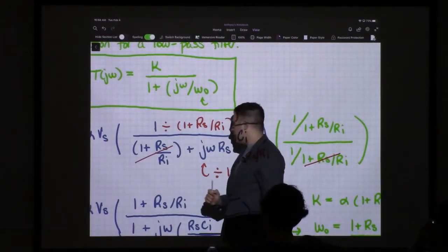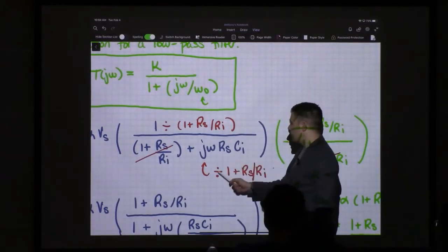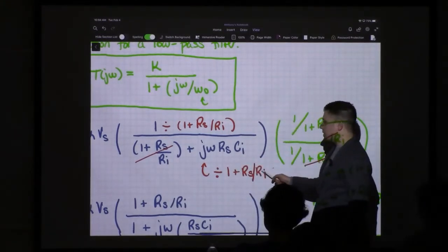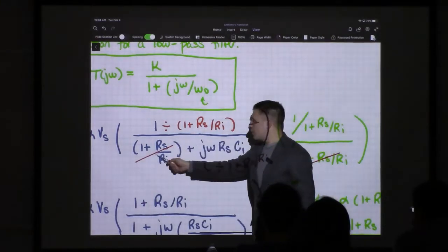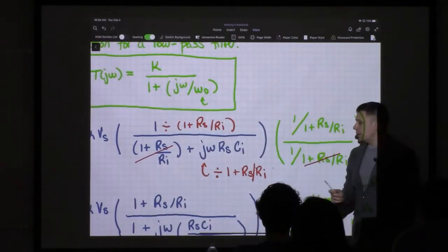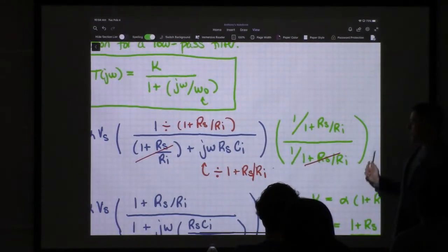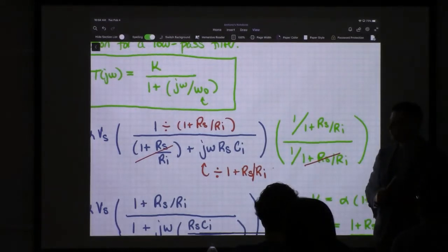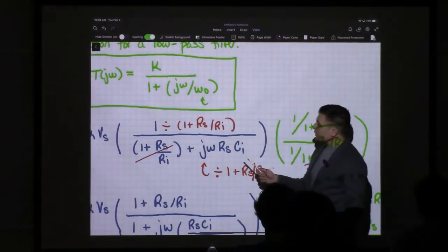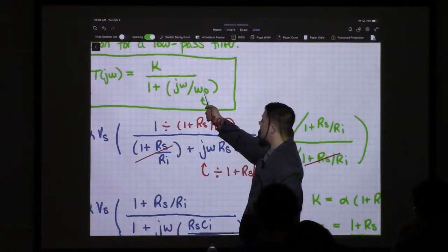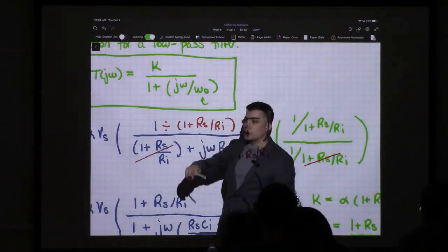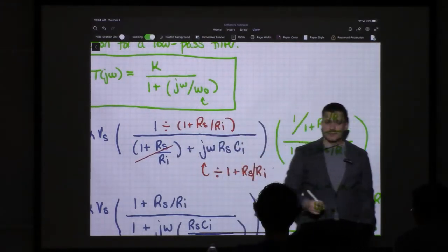This will go away. And then this will be divided by 1 plus rs over ri. So what we've done is we've divided all 3 individual components by 1 plus rs over ri. And that will give us what we're looking for, because now this will be a 1. We'll have j omega times something, and our k value will contain everything else.